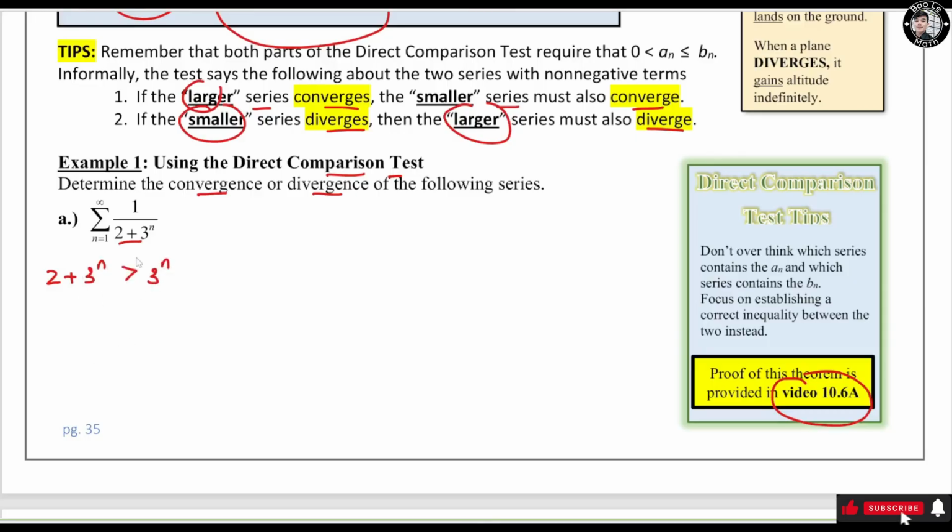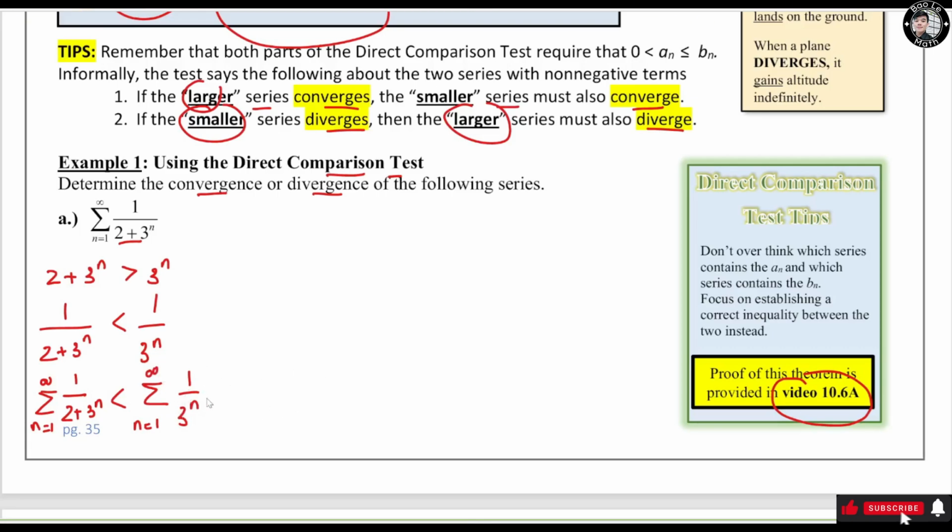Now I'm going to take the reciprocal of both sides, so 1 over 2 plus 3 to the n is less than 1 over 3 to the n. So then I have the series of 1 over 2 plus 3 to the n, when n goes from 1 to infinity, less than the series of 1 over 3 to the n, when n goes from 1 to infinity, right?